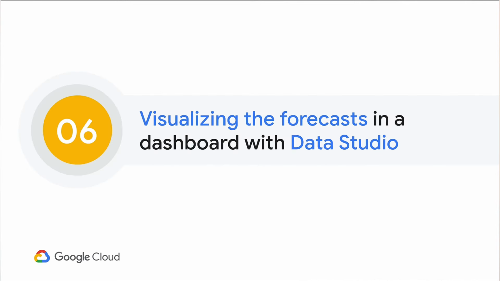Okay, so now that we have this kind of solution in place, where not only have we trained our demand forecasting model, we now know how to automate it, you might want to think of visualizing this as a next step. So visualizing your forecasts and seeing how they compare to the actual demand as well, and putting it all together in a dashboard using something like Data Studio.